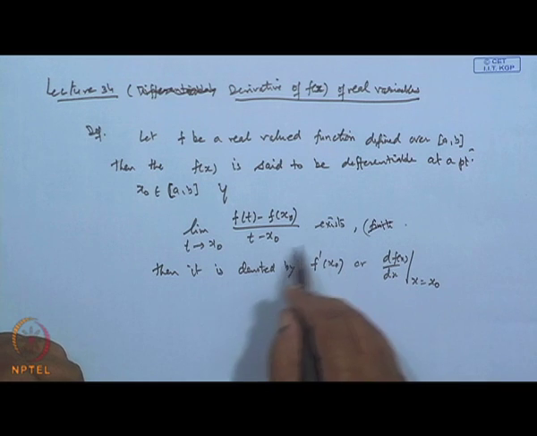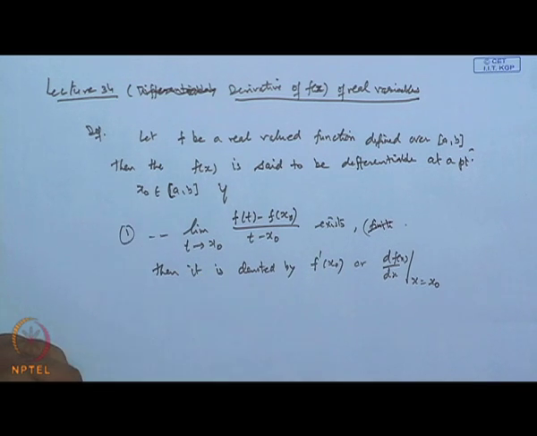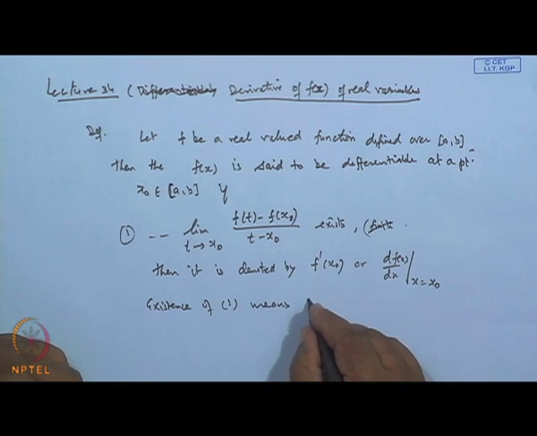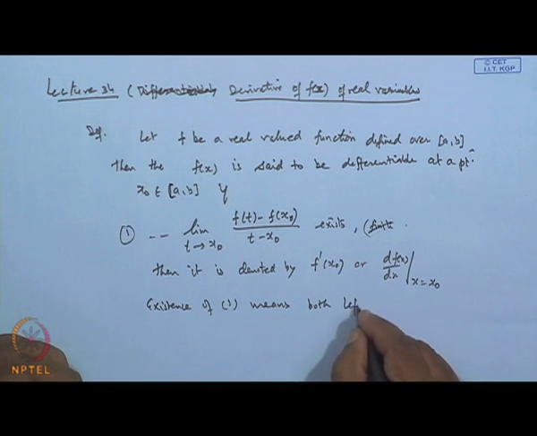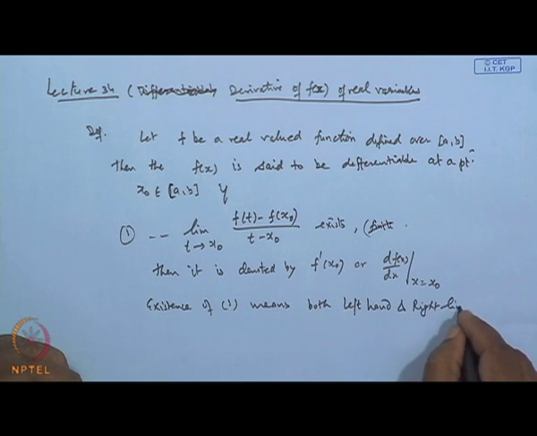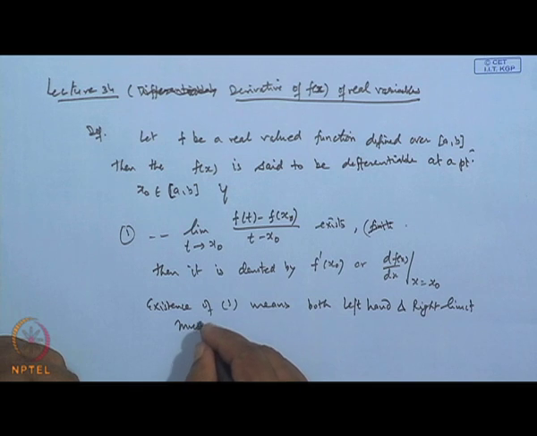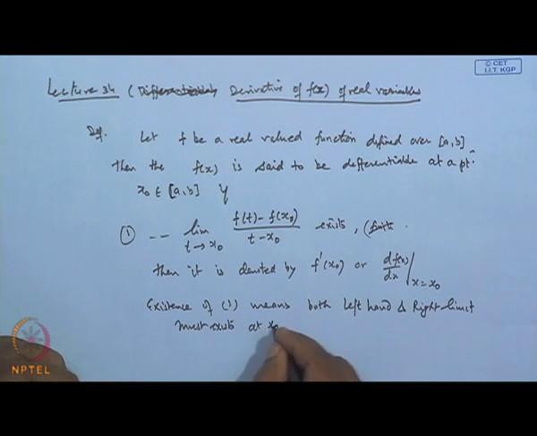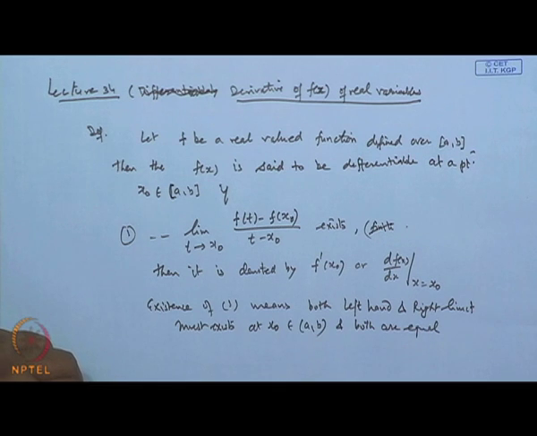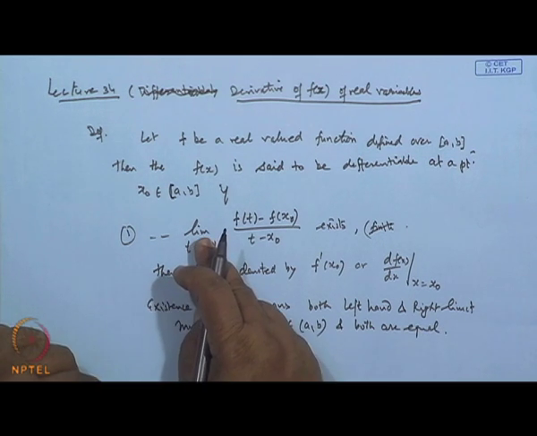When we say the limit exists, the existence of the limit means that both the left hand and right hand limits must exist at a point x naught which is in the open interval (a, b), and both are equal. Then we say the derivative of the function exists.